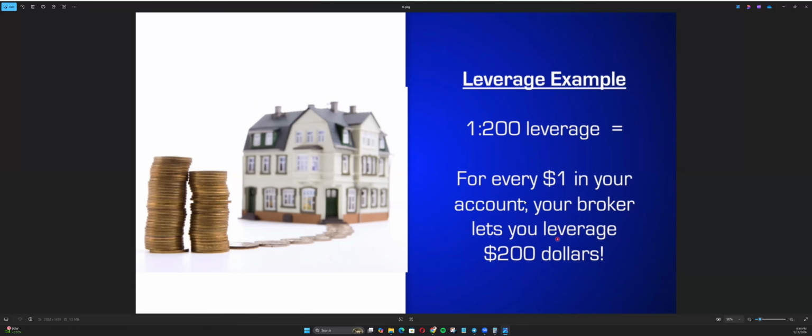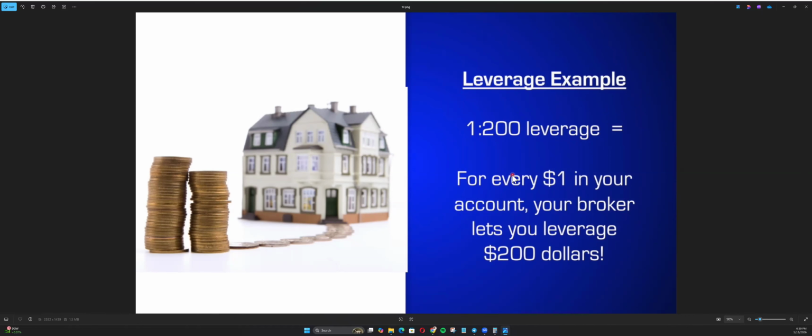So if you're registered with any broker and you choose a leverage of 1:200, and you put in your account $100, it means every $1 of that $100 simply signifies $200. So your balance is no longer $100. If you multiply 100 by 200, what you're going to get is about $20,000.